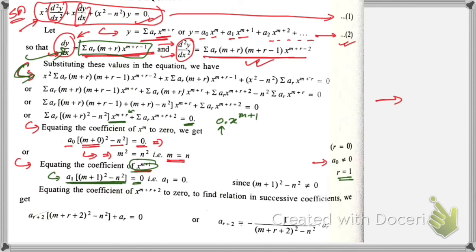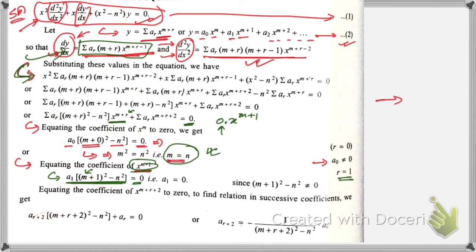And so here you see, now as we have already got m is equal to n, if you use this relation here, then this equation will imply this equation.